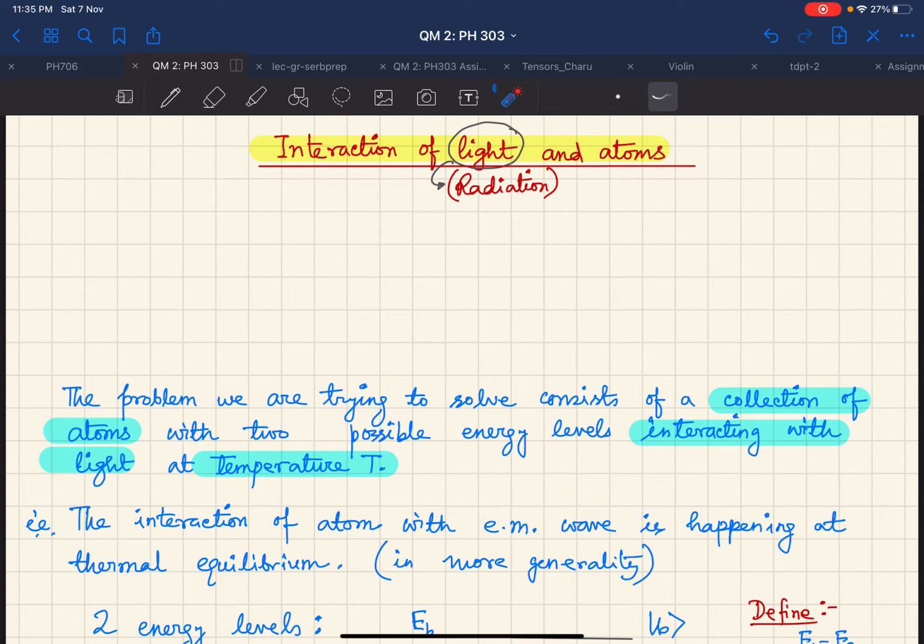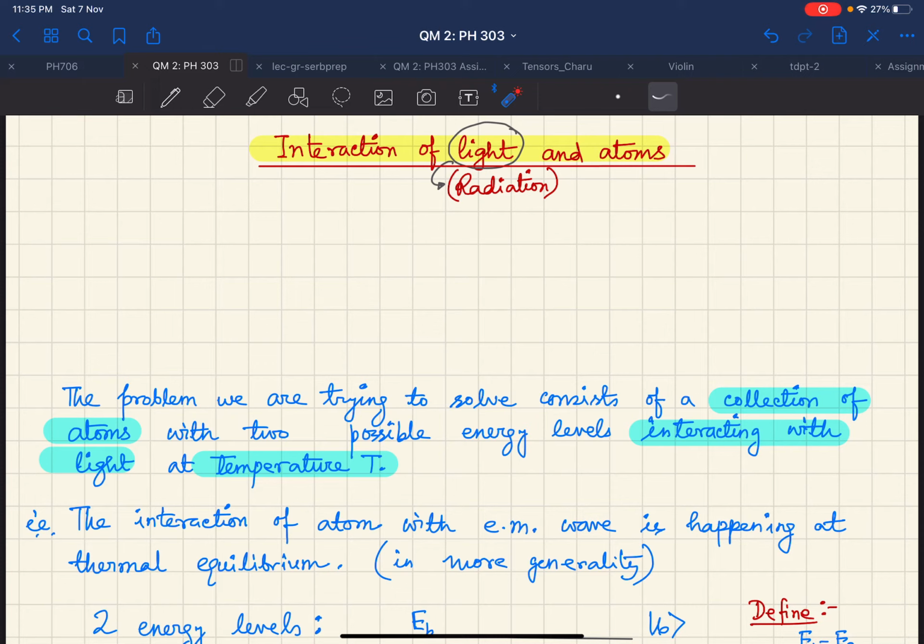Now, as if the number of atoms becoming multiple instead of a single atom is not complicated enough, on top of that we have introduced the interaction of these atoms with light. By light, I simply mean electromagnetic wave. It can have any frequency.